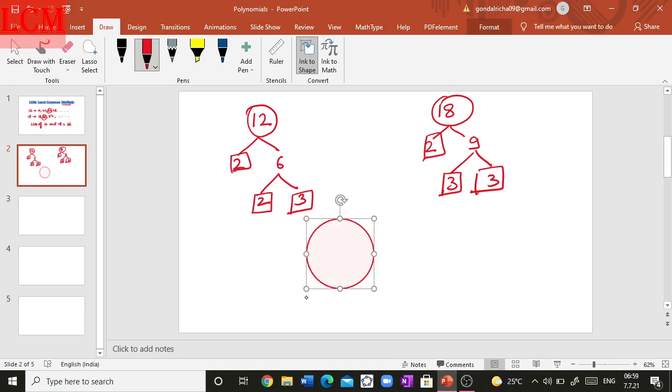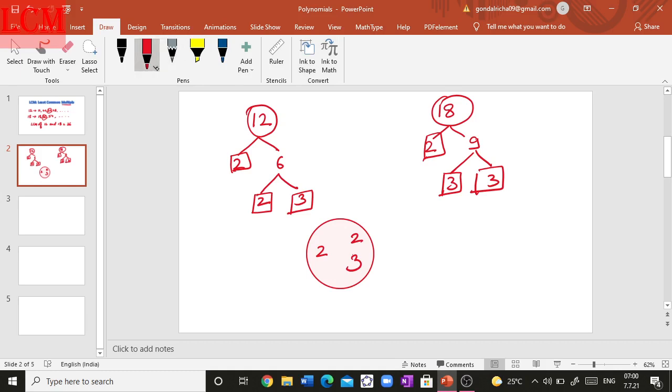So suppose this one is a circle having the prime factors of 12 in it. The prime factors of 12 are 2, 2 and a 3. That is 2 multiplied by 2 is 4, and multiplied by 3 is 12.